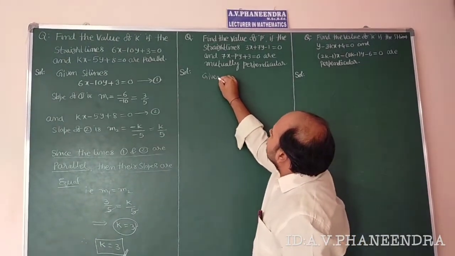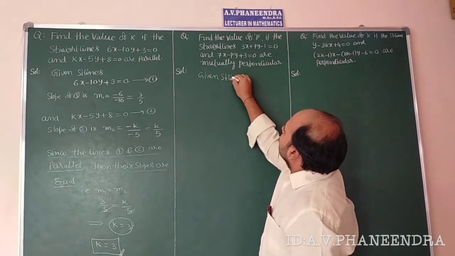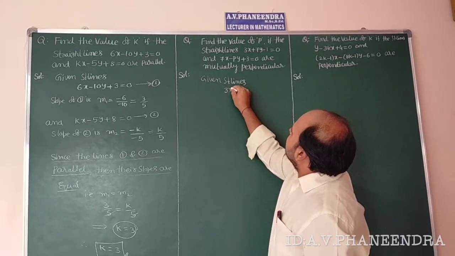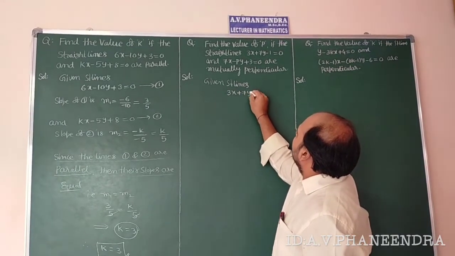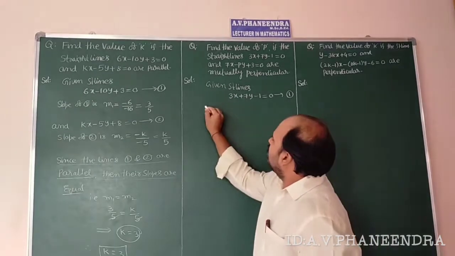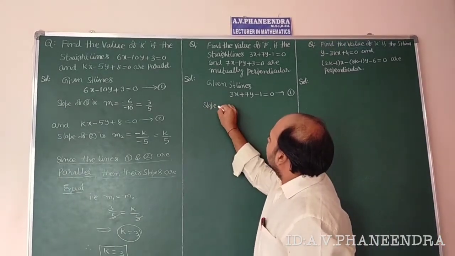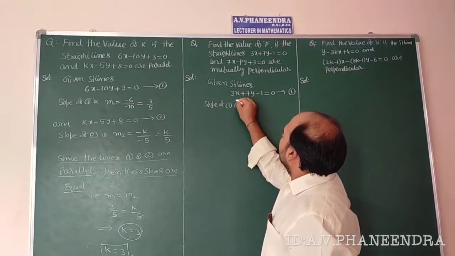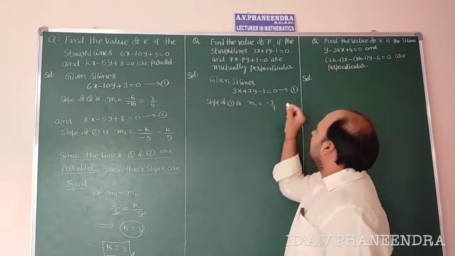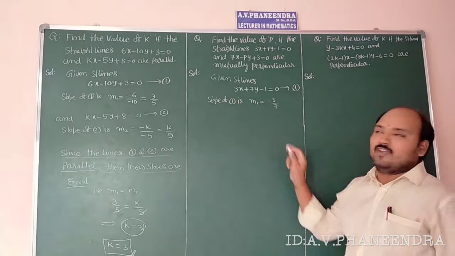Given straight lines, first line 3x plus 7y minus 1 equal to 0, keep that equation number 1, and slope of equation 1 is m1 is equal to minus x coefficient by y coefficient. m1 is equal to minus 3 by 7.